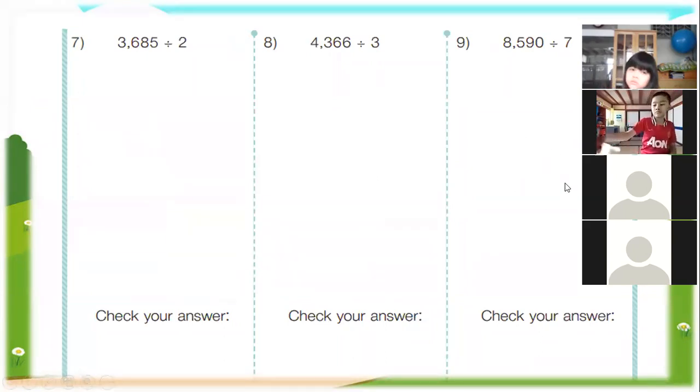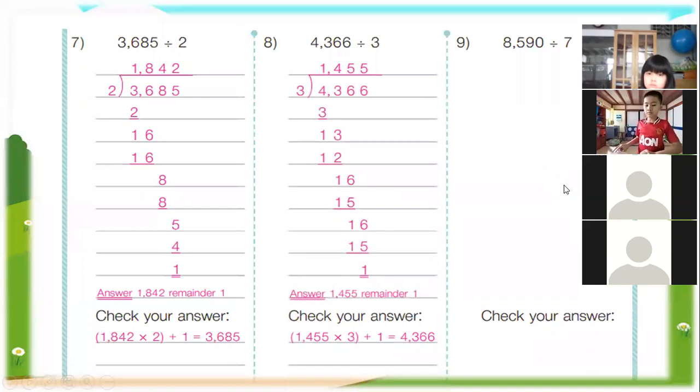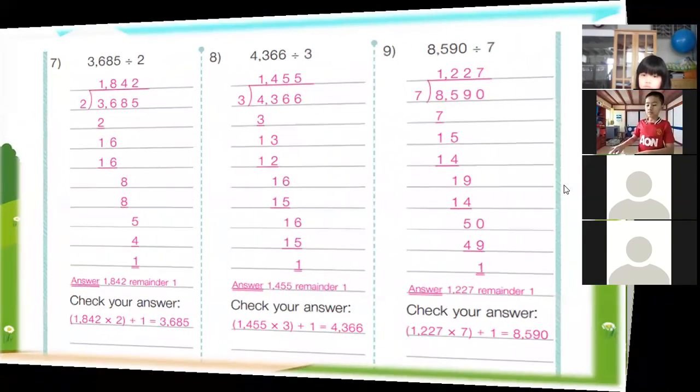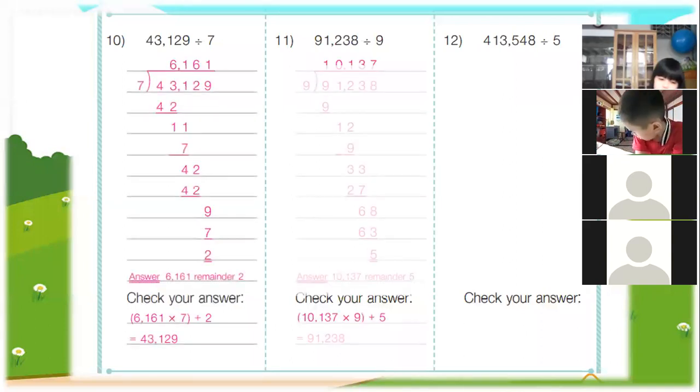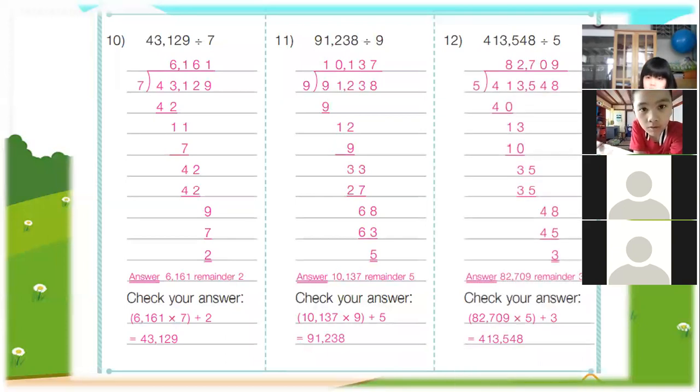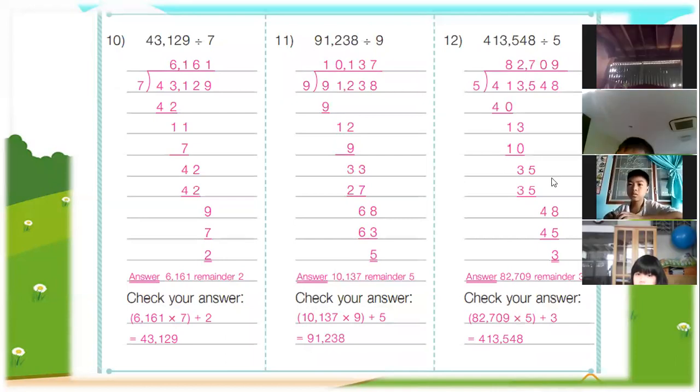Okay, students, can you solve them by yourself? From question number 3 until question number 12, page number 121. It's your homework. It's already solved for you here, but you can practice again.